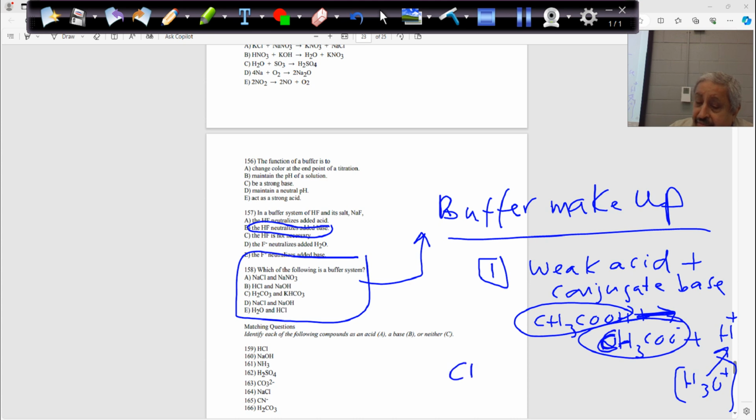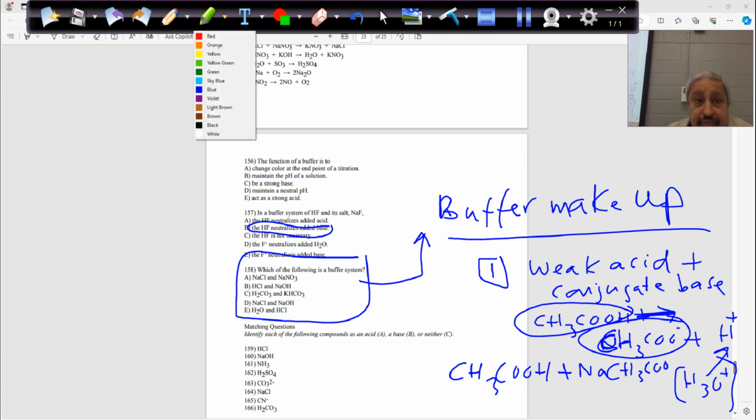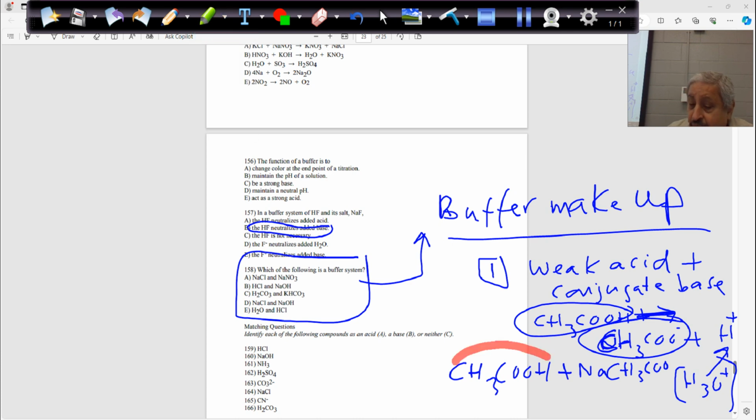Depending on the pH you are looking for, you have CH3COOH plus sodium acetate. If you look at this, you have a weak acid, and this is the conjugate base. This is acid. This is the conjugate base.